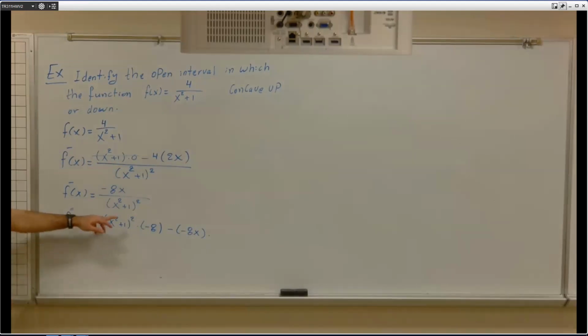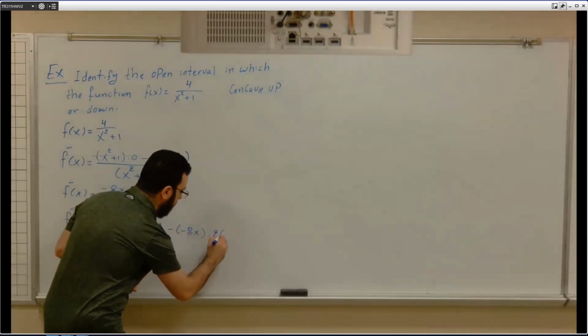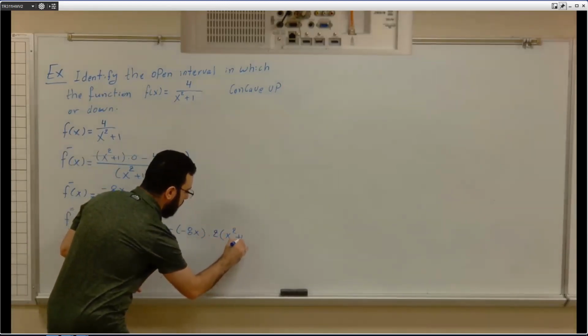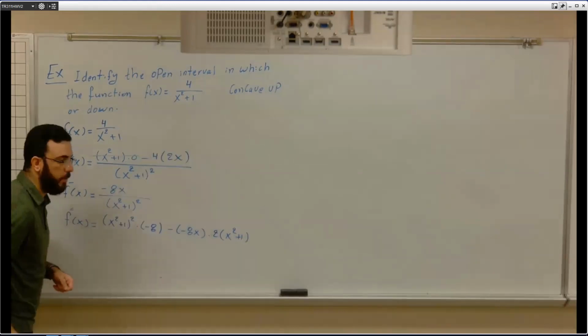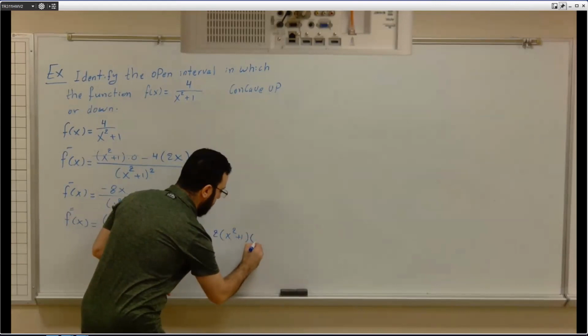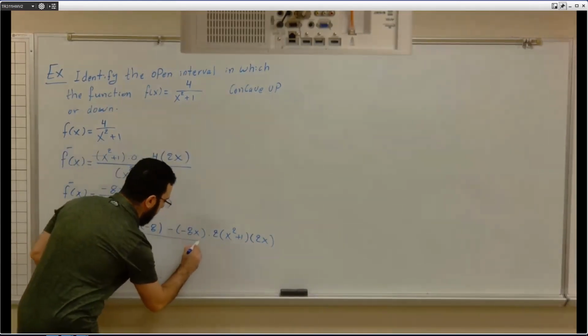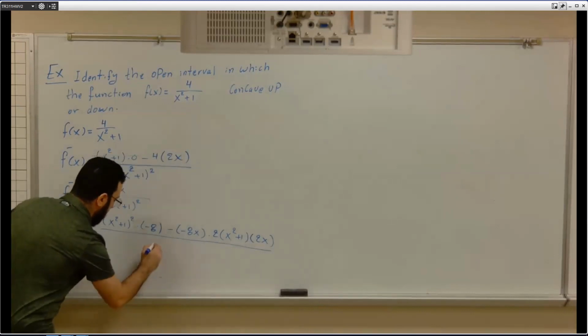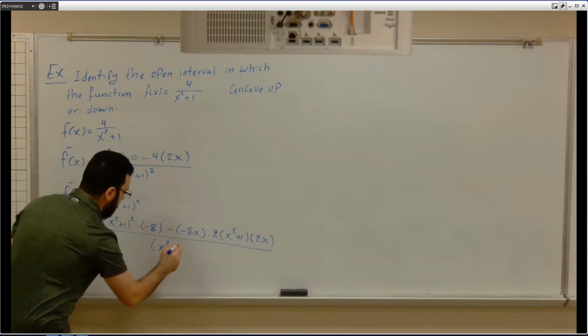The derivative here uses the power rule: 2 times the function to the power 2 minus 1, times the derivative of the inside, which is 2x. Everything is divided by x squared plus 1 squared, squared, which is to the 4.